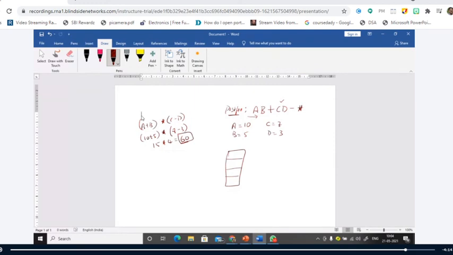So it is 10 space 5 plus 7 space 3 minus star. This is the equivalent expression for this postfix expression with the numeric values. So I come across the first value as 10.